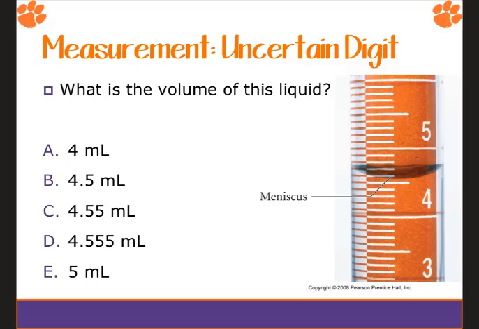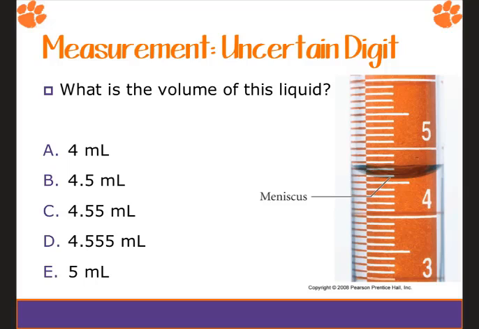Based on that information, I want you to look at this graduated cylinder and estimate what the volume of this liquid is. But before you hit pause, I'm going to briefly talk about this word called meniscus. You can see that this water has a concave shape here. This happens because water has a strong attractive force with the glass, so it's trying to cling to the glass as much as it can, and it climbs up a little bit.